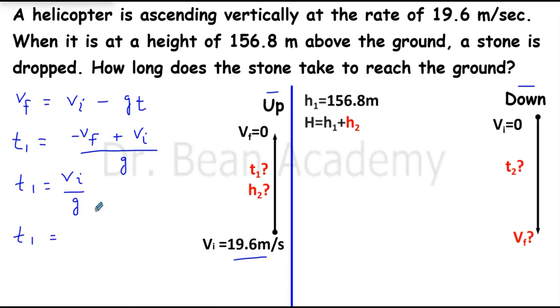T1 equals Vi, which is 19.6 meter per second, and G is 9.8 meter per second squared. So if I use my calculator, it tells me that T1 equals 2 seconds.